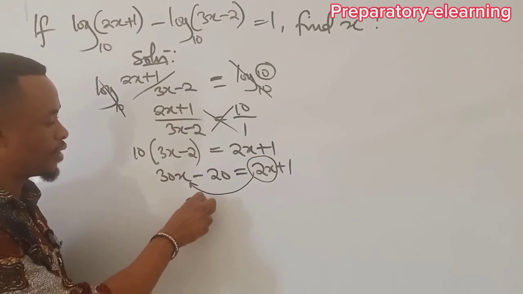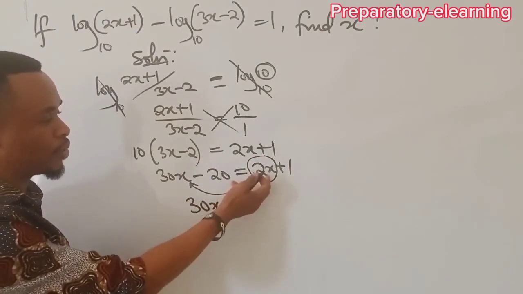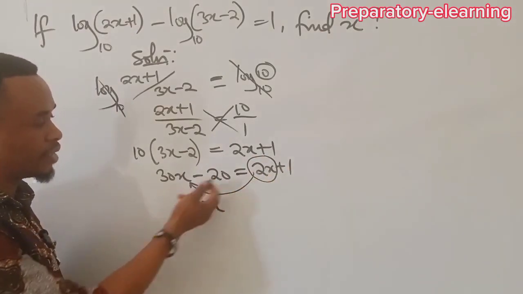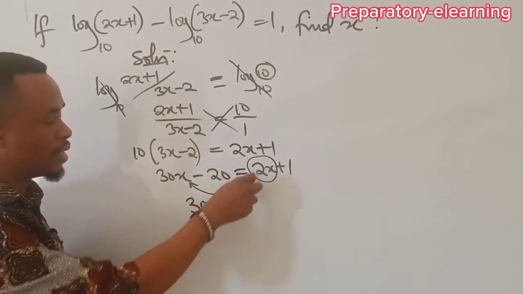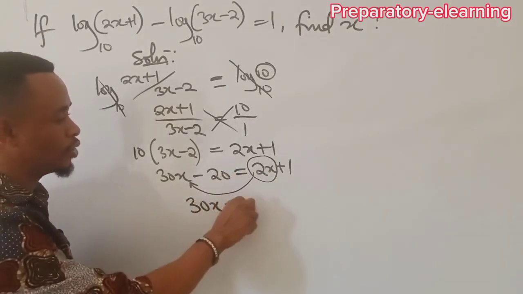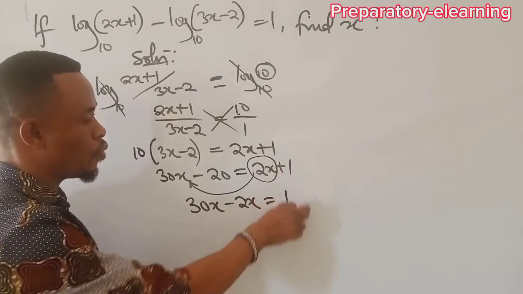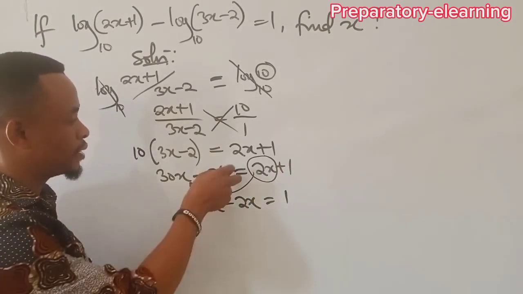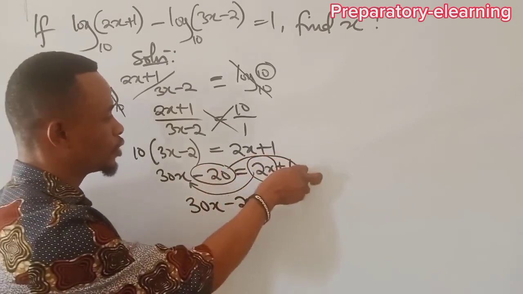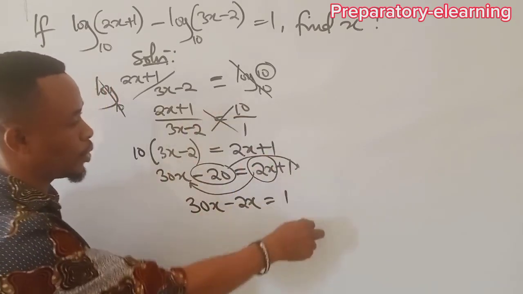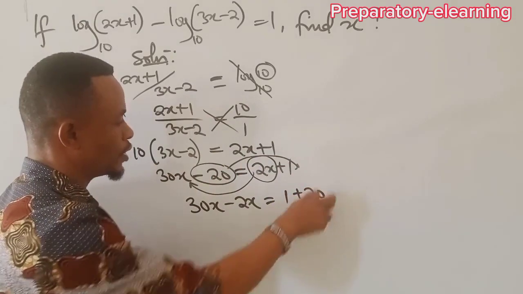We have 30x; 2x was positive, crossing the equal sign, it becomes minus 2x, equals 1 already there. As this minus 20 is coming to meet 1, it goes from minus to plus 20.